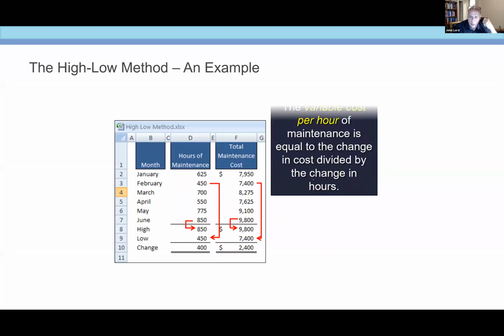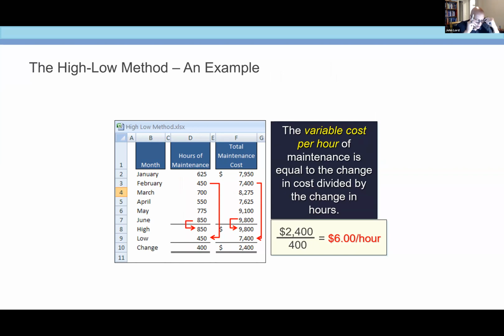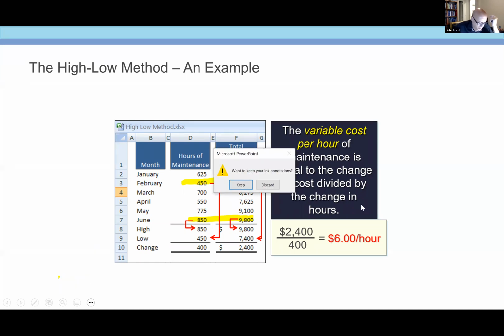If you're using the high-low method here, I often like to look at this with a highlighter, just so it helps me highlight my high and my low. I see that the high was 850 units with a total cost of 9,800, and my low was February with a total cost of 7,400 and units of 450.